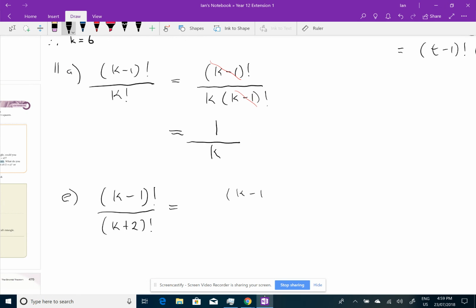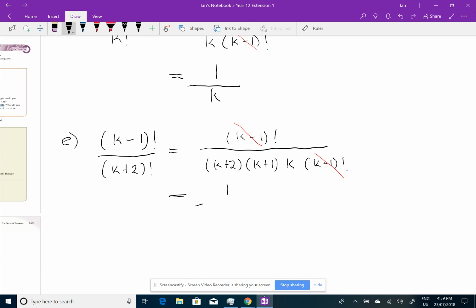So k minus 1 factorial on the bottom. I'm going to start with k plus 2. I'm going to go down the next one, k plus 1. Then I'm going to go to the k. And then I'm going to go to the k minus 1 factorial. My k minus 1 factorial is going to cancel. On the top, I get 1.